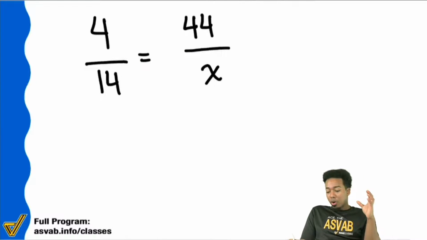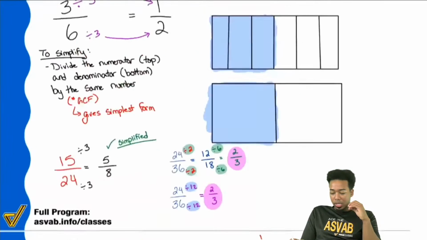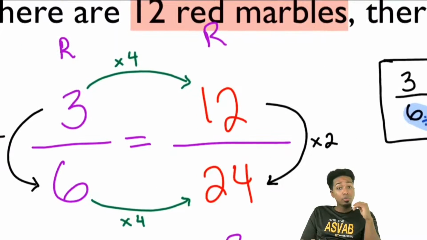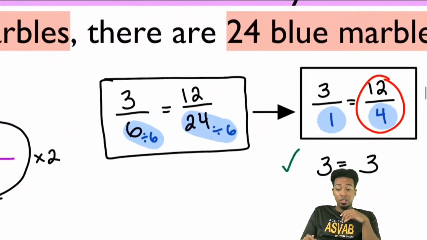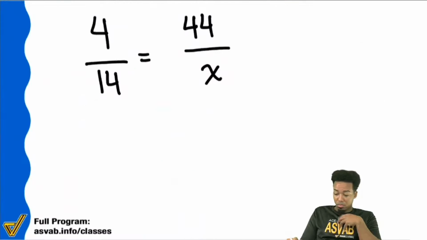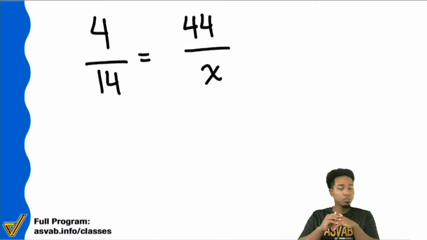Remember earlier how we said we can actually simplify? We can simplify from top to bottom if we wanted to, and we can simplify from left to right if we wanted to. It's really up to us. So with that, what I'm going to do is really exploit the strategies that are available to me.